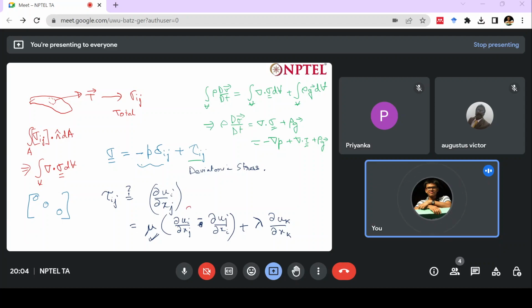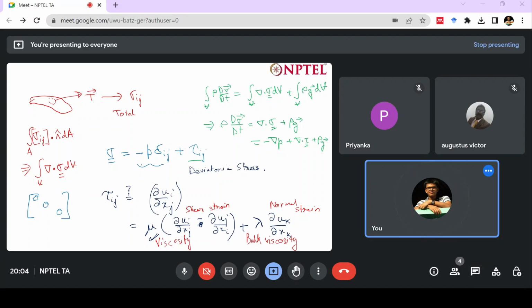So this is related to shear strain, and this is related to normal strain. This is my viscosity, and this is my bulk viscosity. This term generally vanishes if we are not talking about flows where normal strains are important, like the incompressible flows that we deal with in this course.